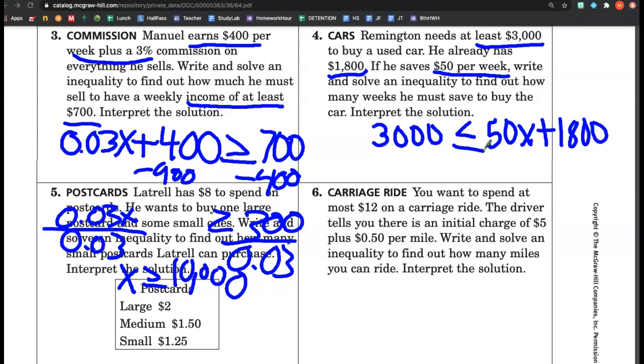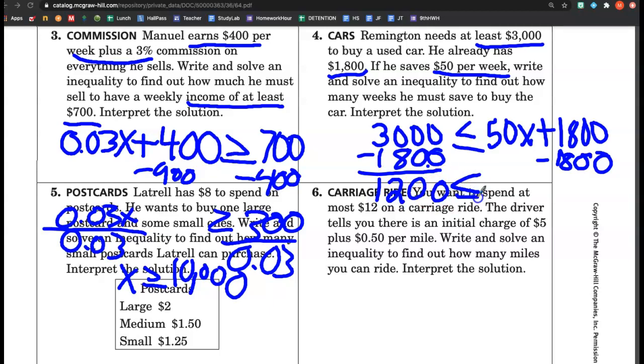You'd have to subtract 1,800 from the side with the 50x, then subtract 1,800 from the side of 3,000, and that would equal 1,200 is less than or equal to 50x.